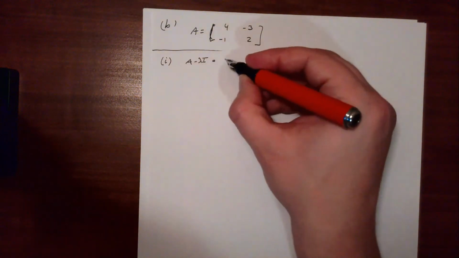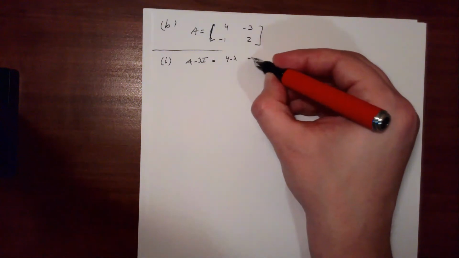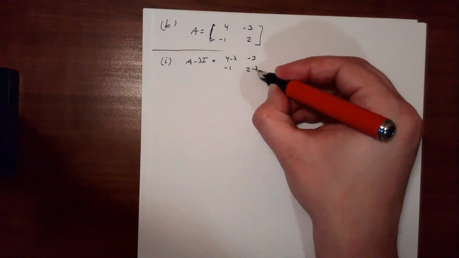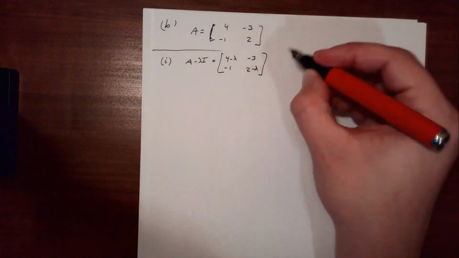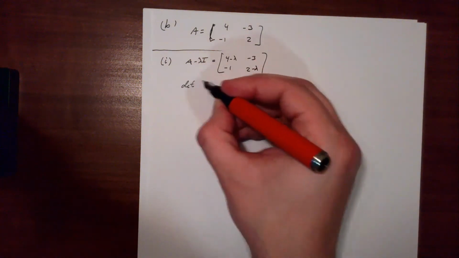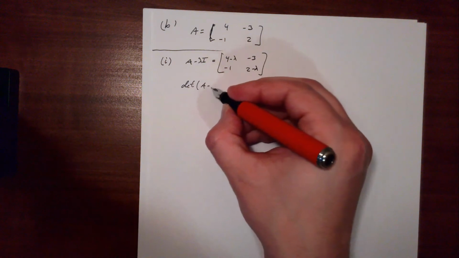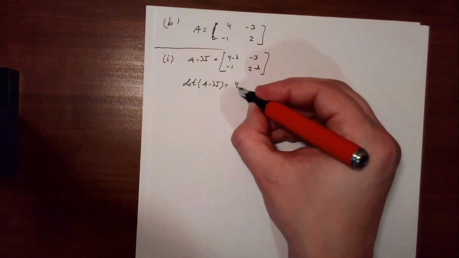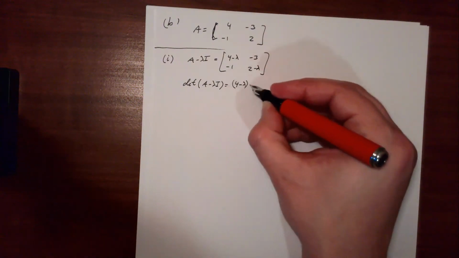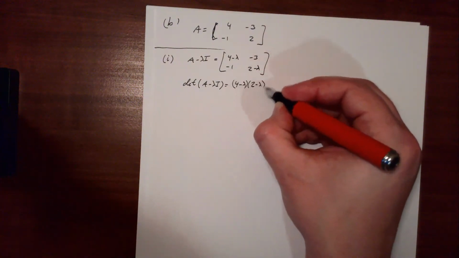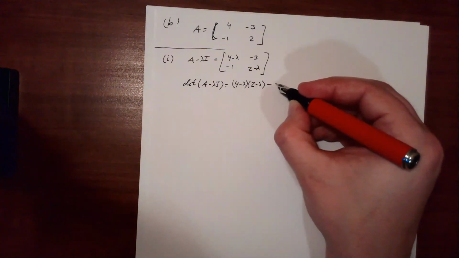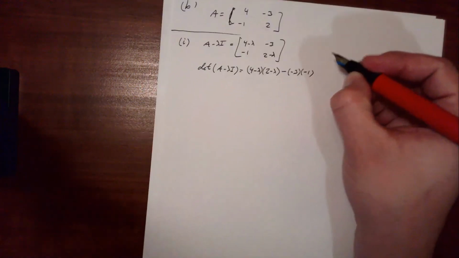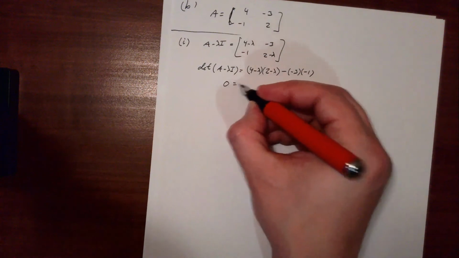A minus lambda I is 4 minus lambda, -3, -1, 2 minus lambda. The determinant is 4 minus lambda times 2 minus lambda minus -3 times -1. So set this equal to 0.